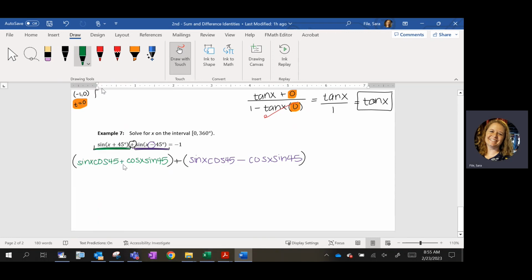So we had a sine sum, a sine difference. Okay, and this is all equal to -1.